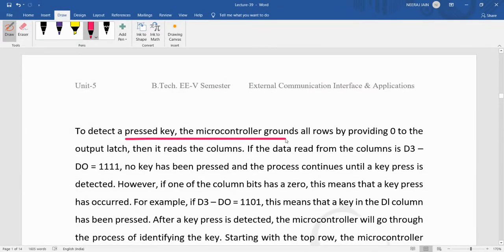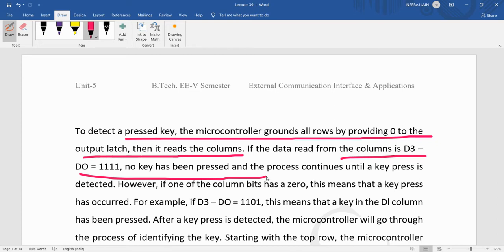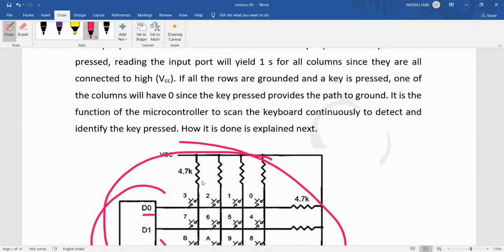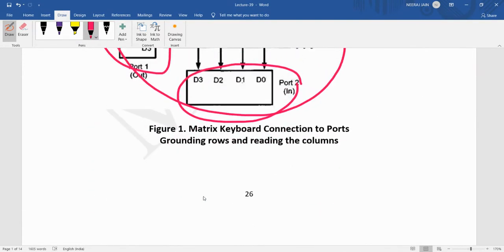To detect a key press, the microcontroller grounds all rows by providing 0 to the output latch and reads the columns. If the data read from the columns D3 to D0 is all 1s, no key has been pressed, and the process continues until a key press is detected. It means that if high is coming, no key is pressed.